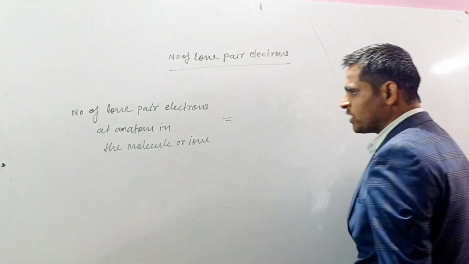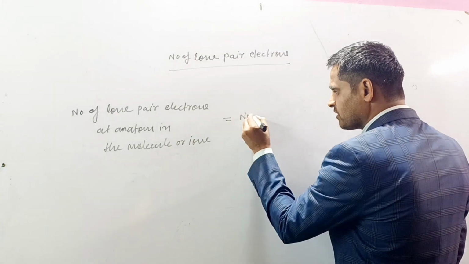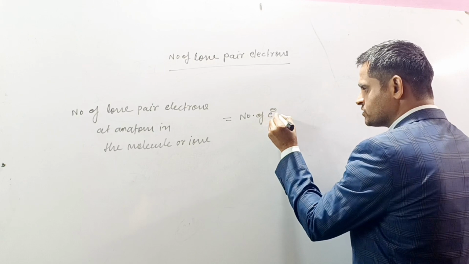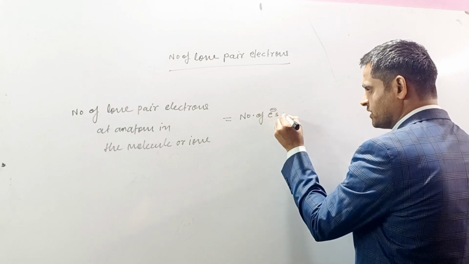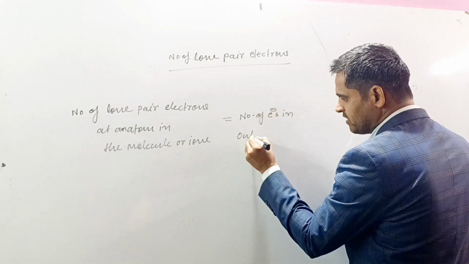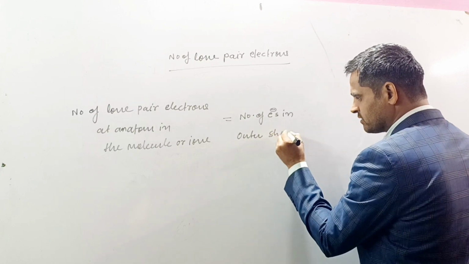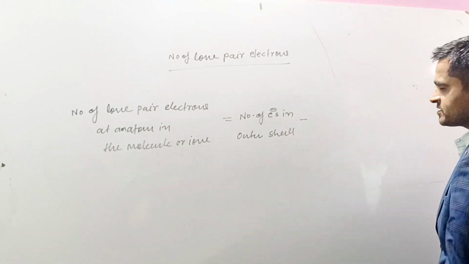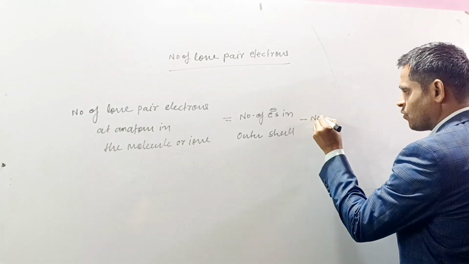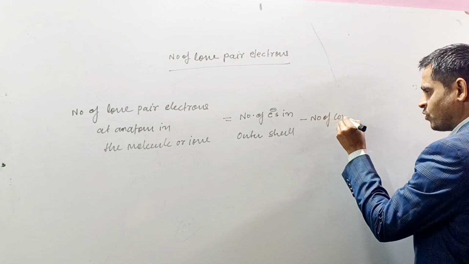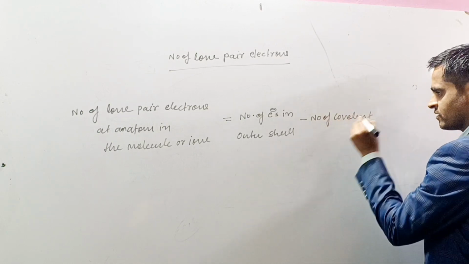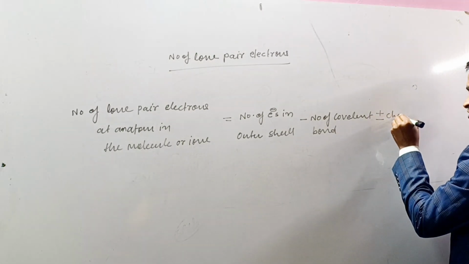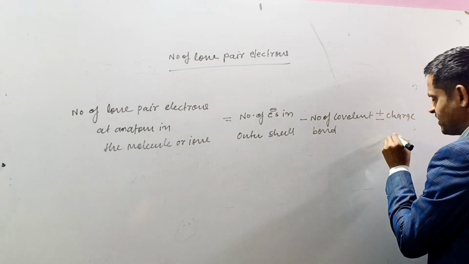So the formula is this: number of electrons in outer shell minus number of covalent bonds plus minus charge, divided by 2.